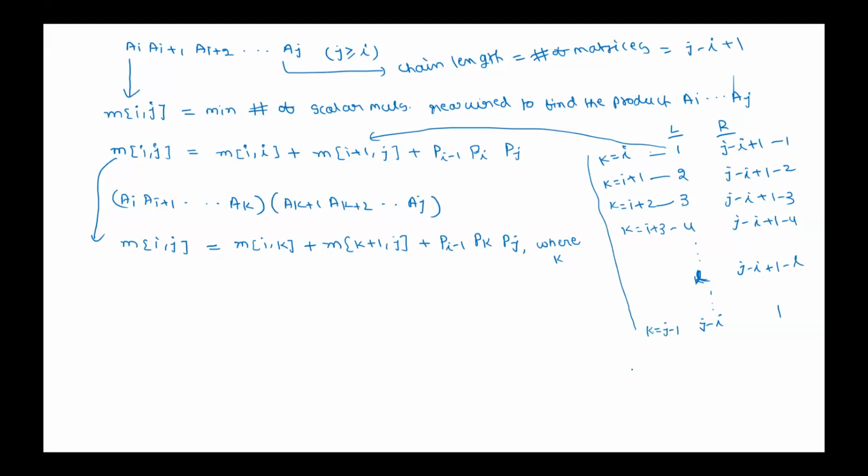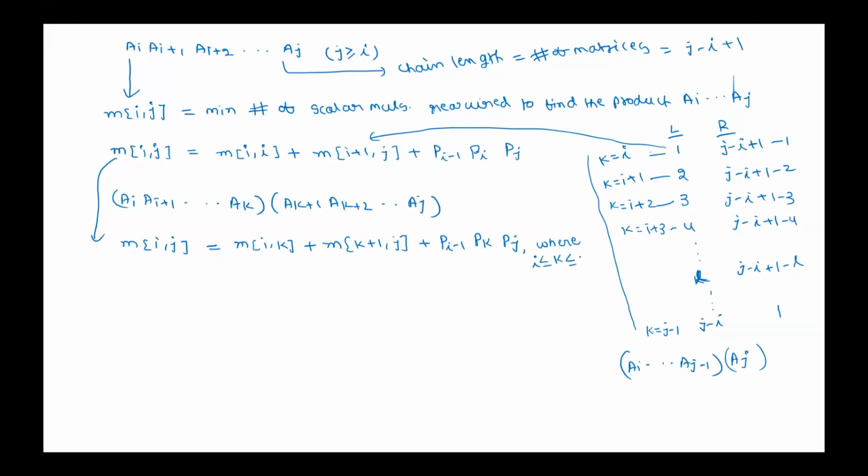That means Ai to A(j-1) on the left side and Aj on the right side. Is that okay? So what are the values k can take?